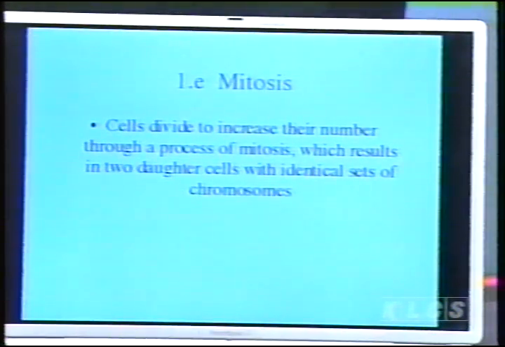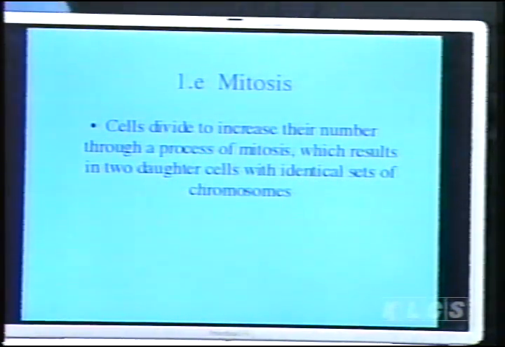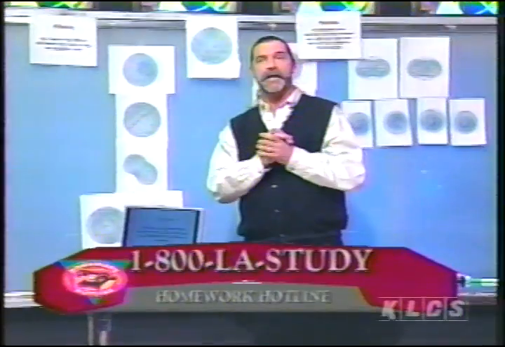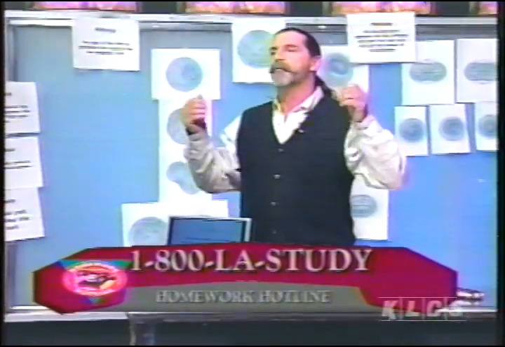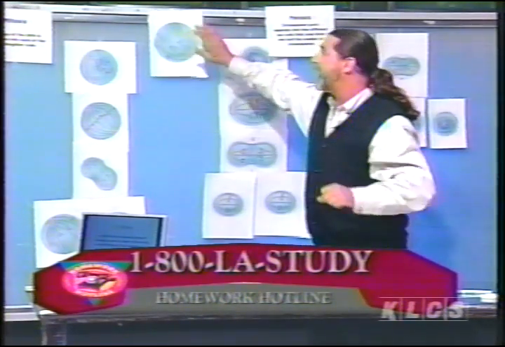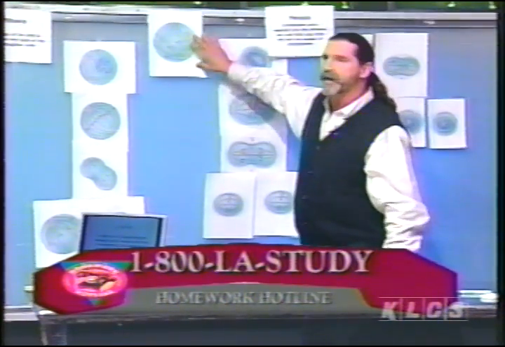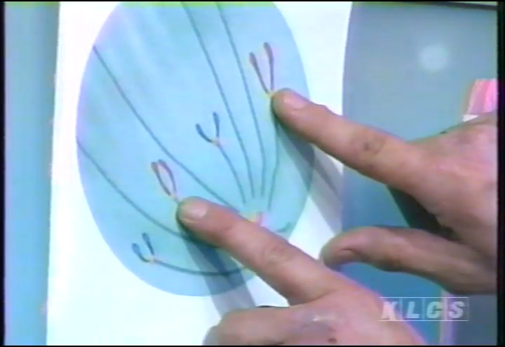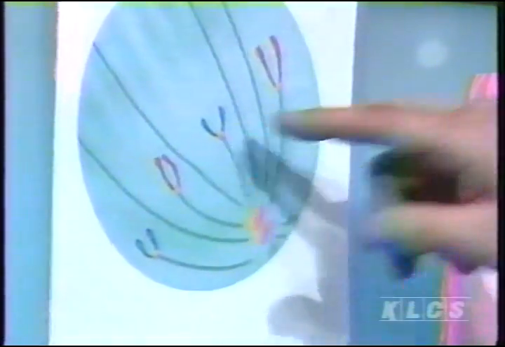Okay? And before I go on with the rest of my PowerPoint presentation, I want to point out a couple vocabulary words I have up here on the board and talk about what a normal cell is and what we're beginning with and what we're going to end up with. Right here I have a picture of a normal cell, a cell that has not undergone any division at all. And you'll notice that there are two pair of chromosomes. There are two red chromosomes and there are two blue chromosomes.